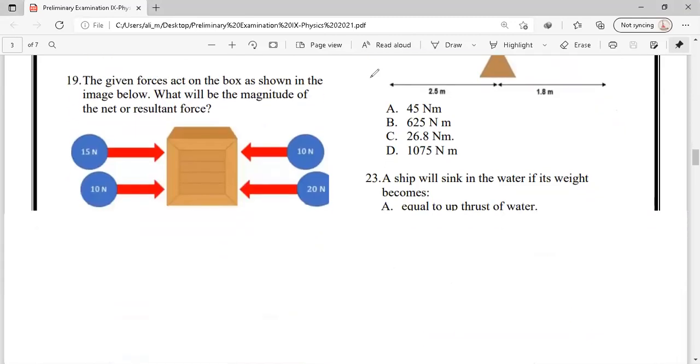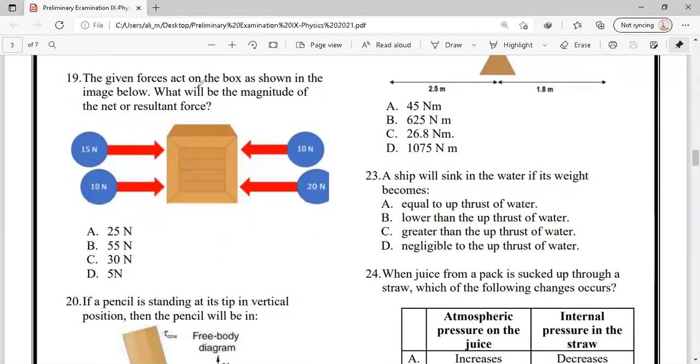Let's see our next question, that is question number 19. In the given forces that are acting on that block, what will be the magnitude of the resultant force? As we can see, we have four forces: F1, F2 acting towards right, while we have forces F3 and F4 acting towards left.